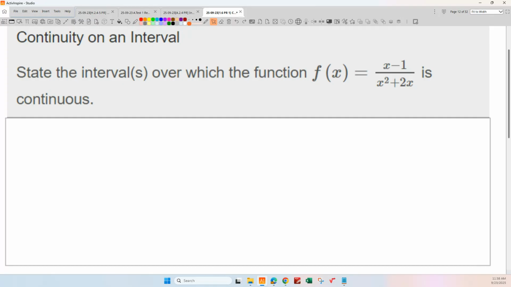So what do we look for? Discontinuities. That's it. And every place else is going to be fine. We just are going to focus on the places where it's not continuous, and all the intervals in between, we're going to be good, right?